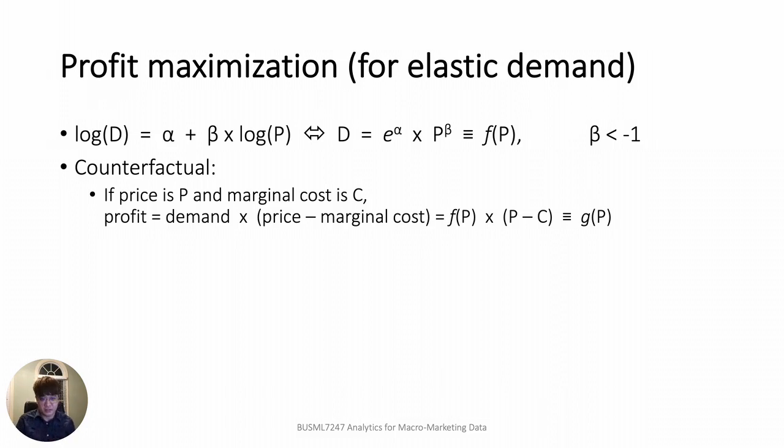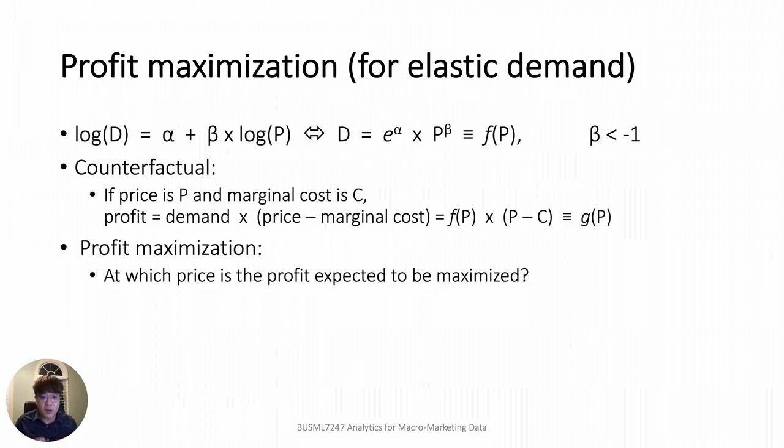This is the profit function with price as the function argument. For simplicity, let g of p denote this profit function. With the profit function, we can generate the expected profit value given a price value.